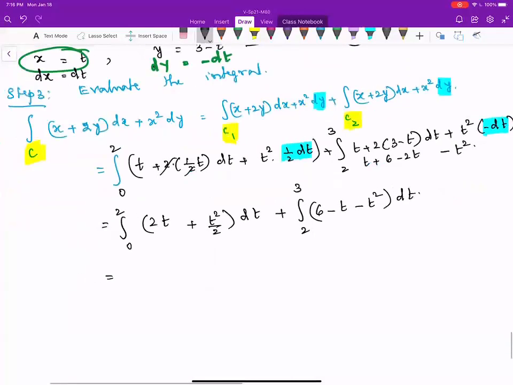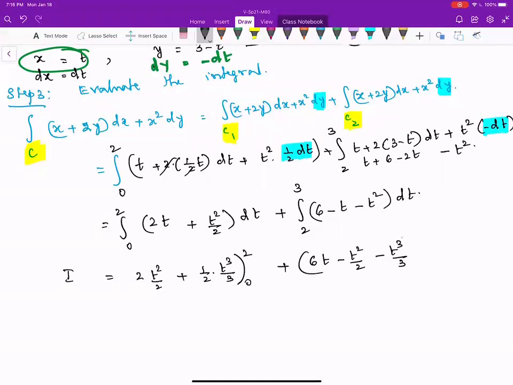The rest is only a simple integration. So the line integral over C would be 2t square over 2 plus half of t cube over 3 between 0 and 2, plus 6t minus t square over 2 minus t cube over 3 between the limits 2 and 3.